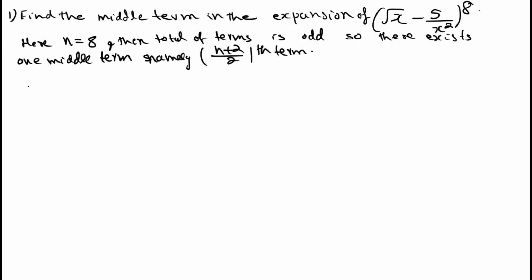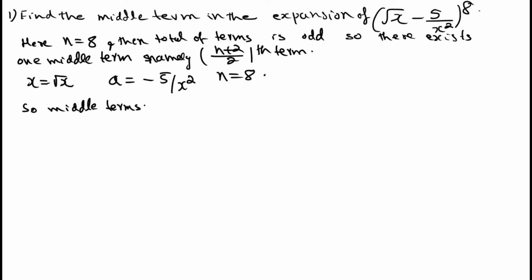Okay, here x value is equal to root x. What is a value? The a value is minus 5 by x square. And index n value is equal to 8. So the middle term is the (n plus 2) divided by 2th term. What is n plus 2?